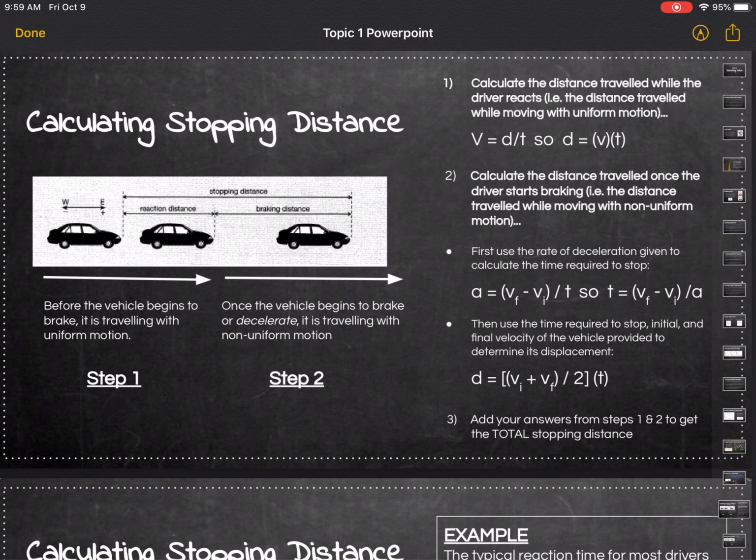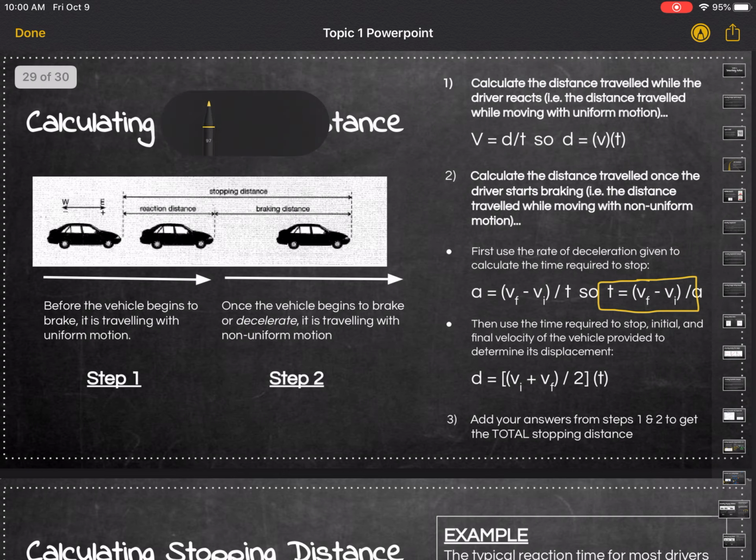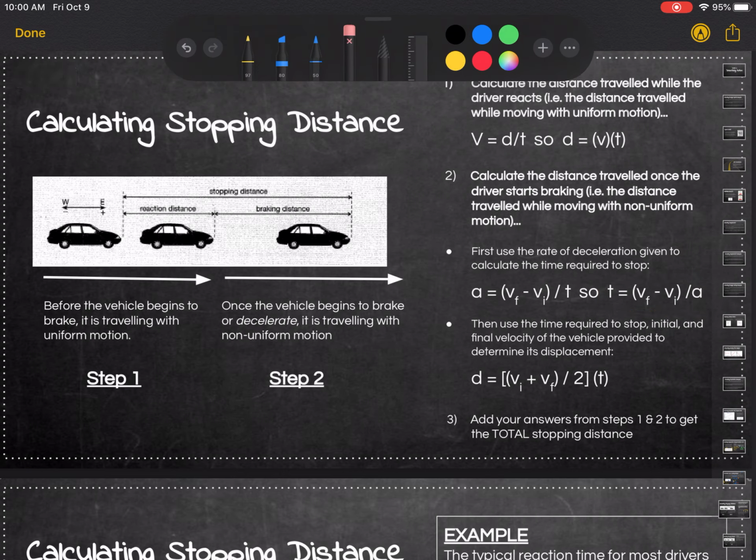Number 2, we calculate the distance traveled once the driver starts braking and the distance traveled while moving with non-uniform motion. To do that, first we use the rate of deceleration given to calculate the time required to stop. So we use this formula here. It's already rearranged for you. Okay, so that's the formula that we use.